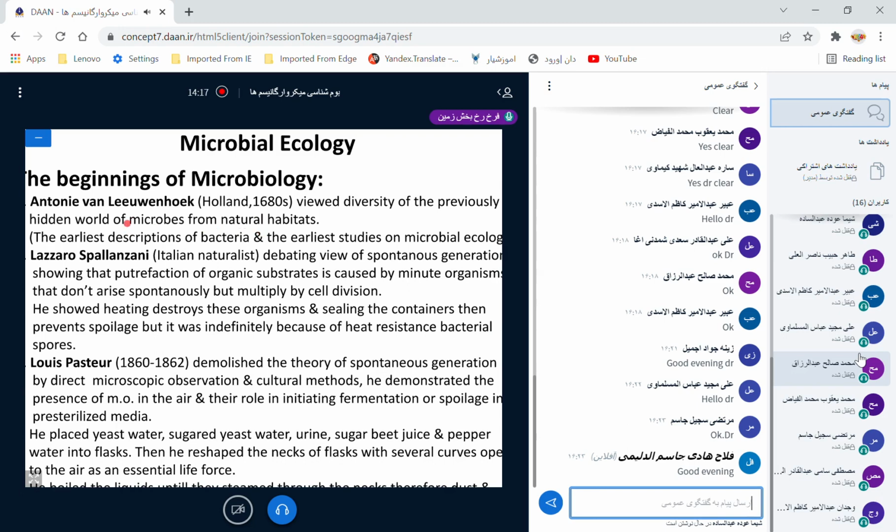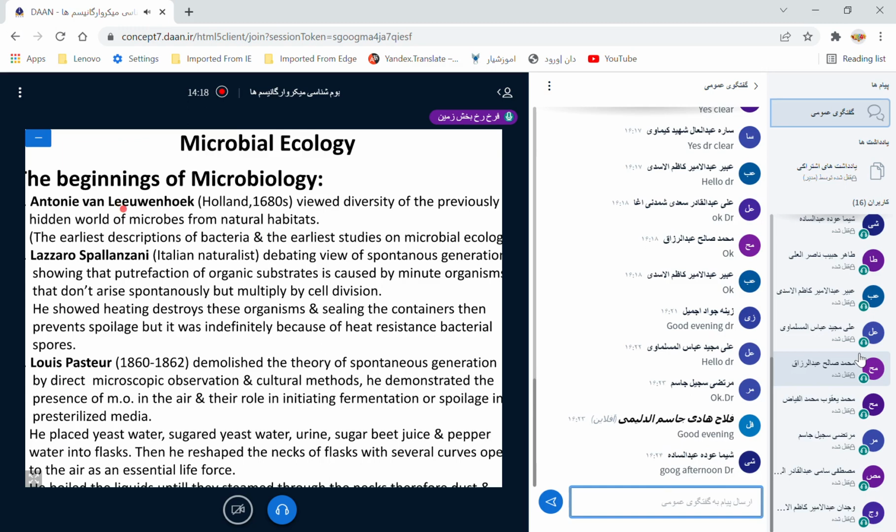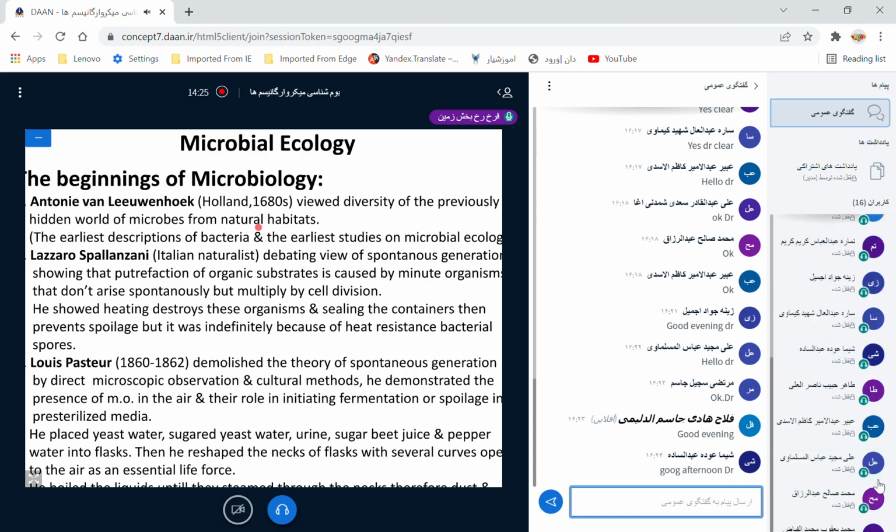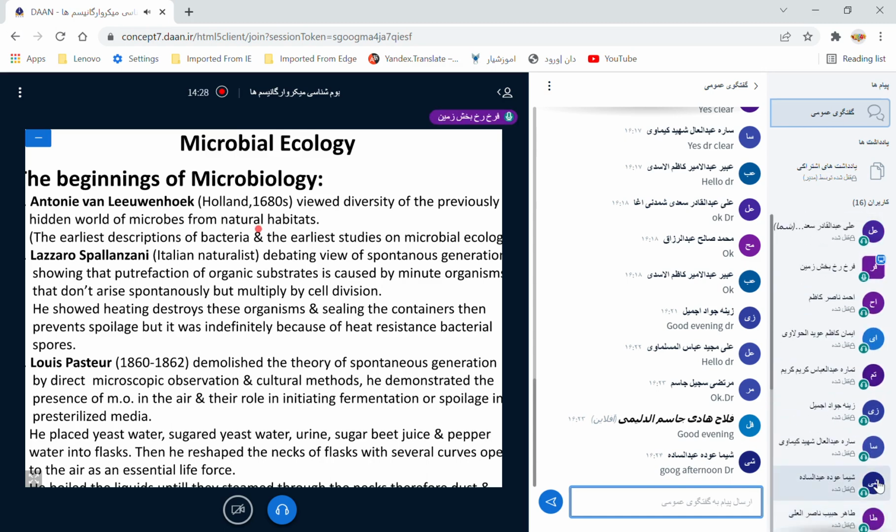He used a simple microscope and he could see the microbes. He took samples from soil, from water, from air, and he understood there are some microbes, microscopic organisms.